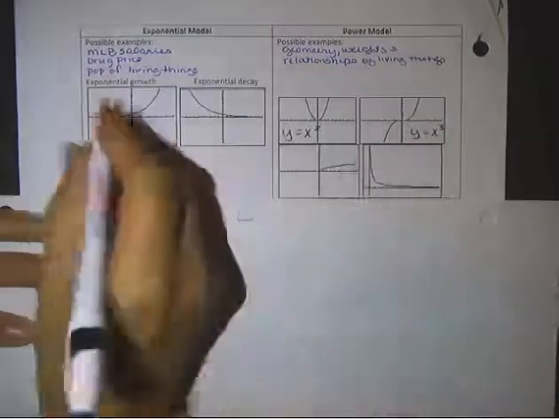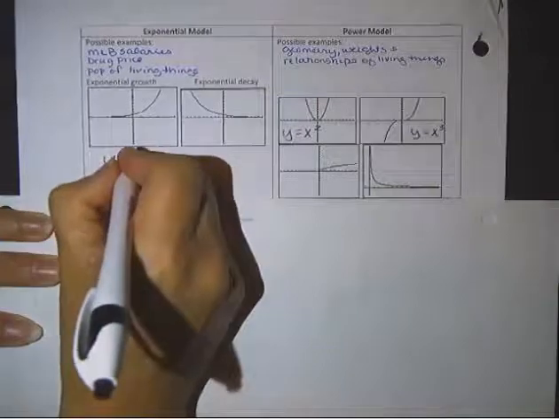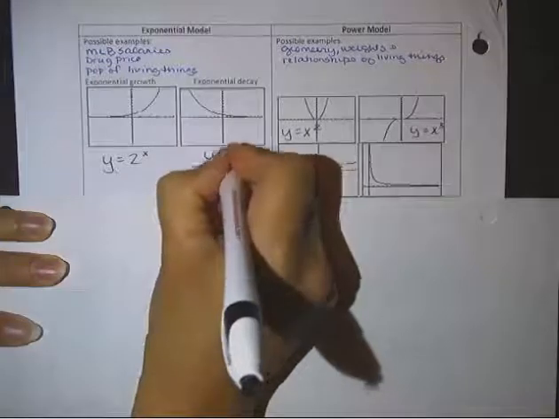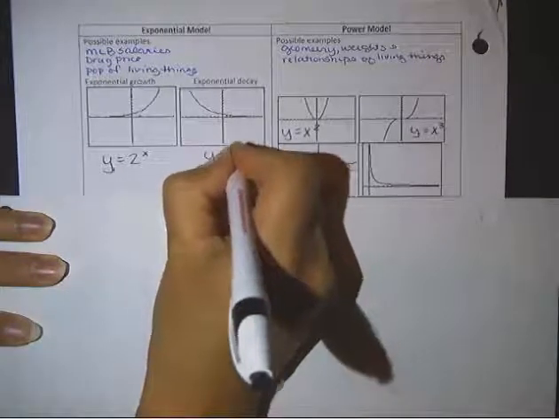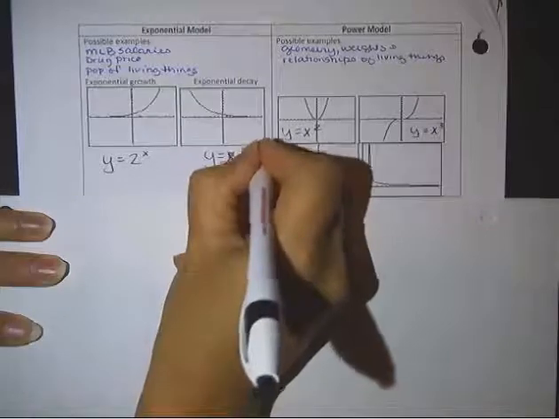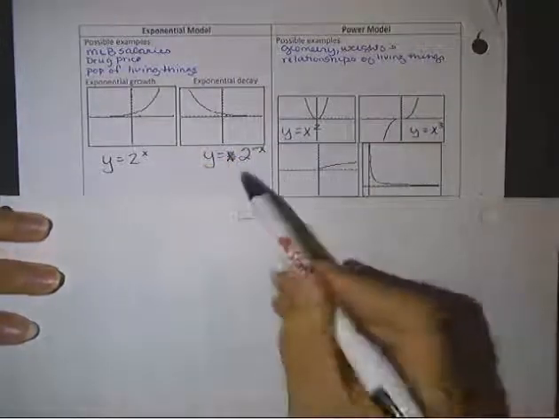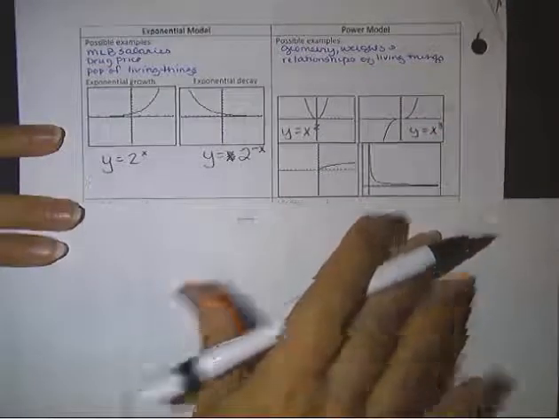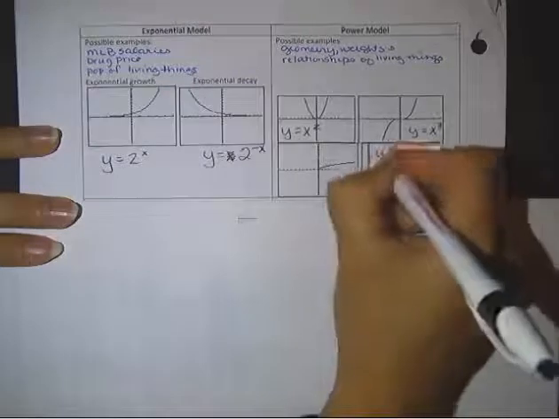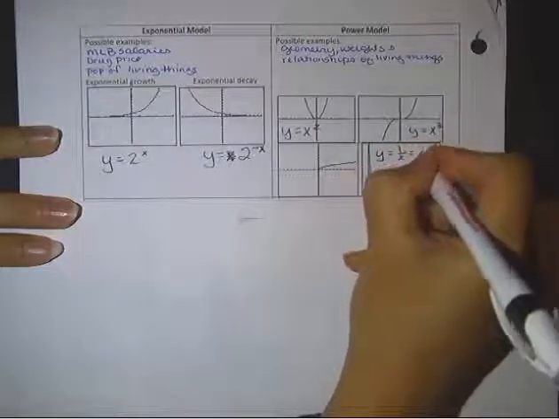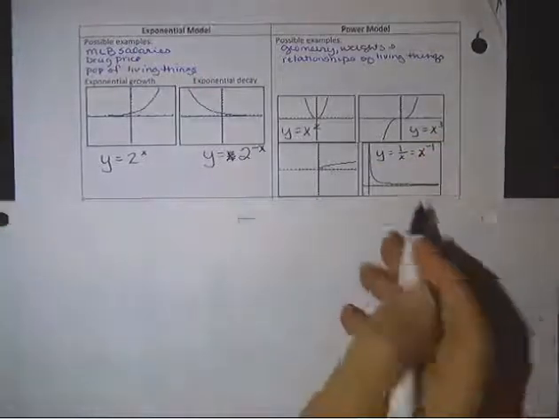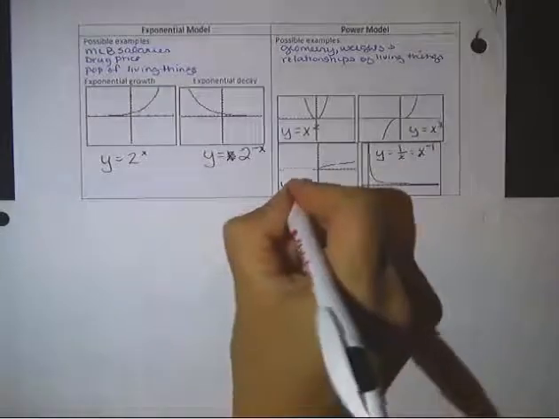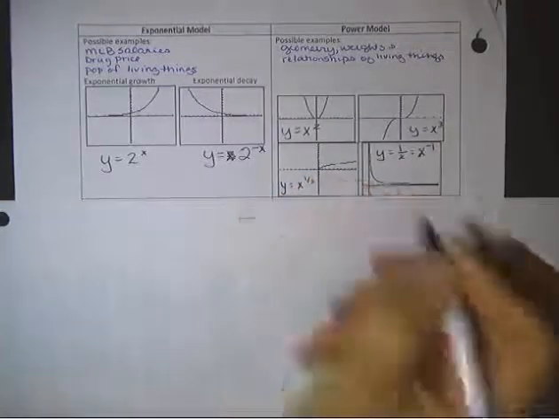An exponential model would be something like 2 to the x, 10 to the x, e to the x, or 2 to the opposite x, if it's increasing or decreasing, whereas a power model will be x to a power, or a number times x to a power. This one might be 1 over x, which is the same thing as x to the negative 1, so that is also considered a power model. This could be the square root of x, which we could write as y equals x to the 1/2. So that would be thought of as a power model.